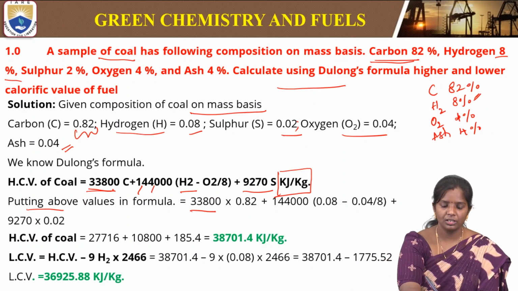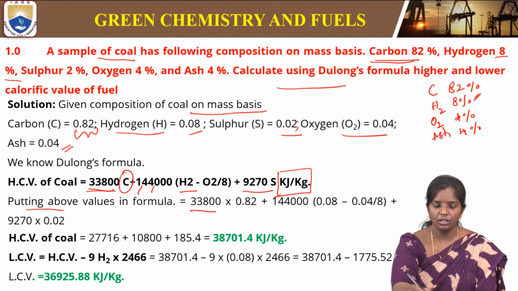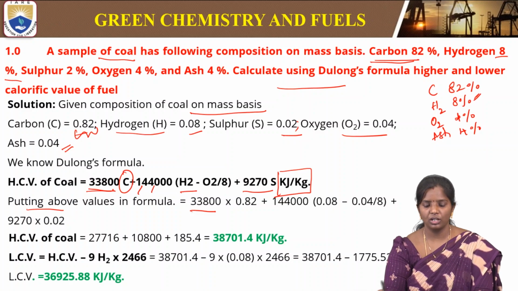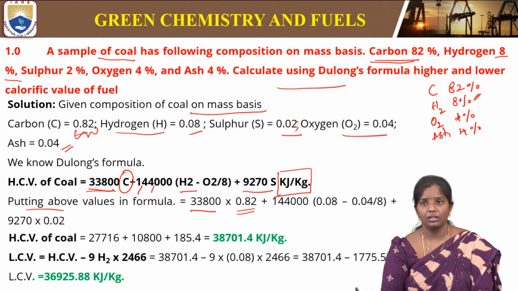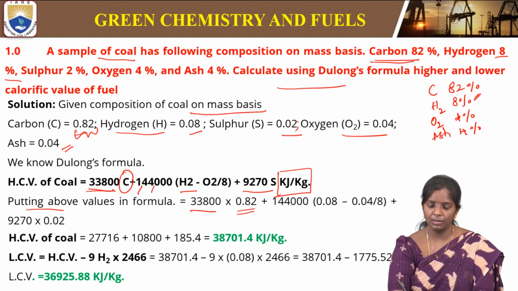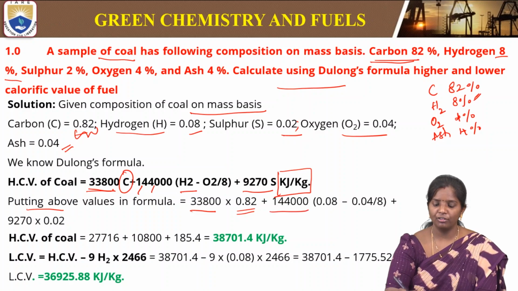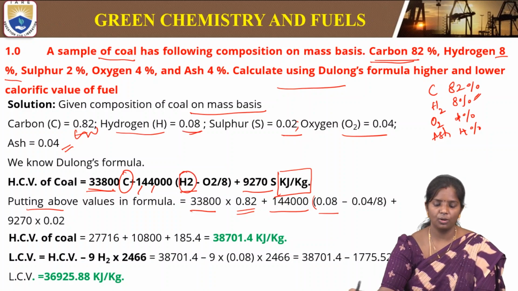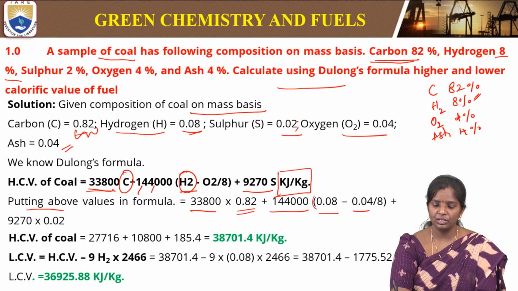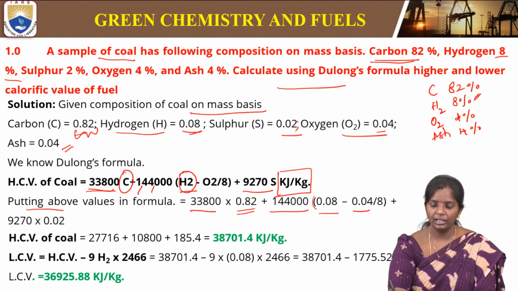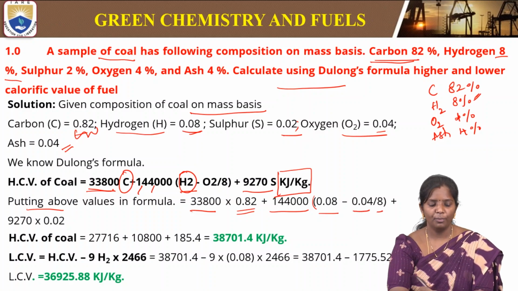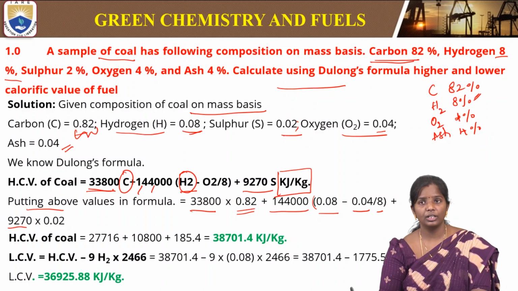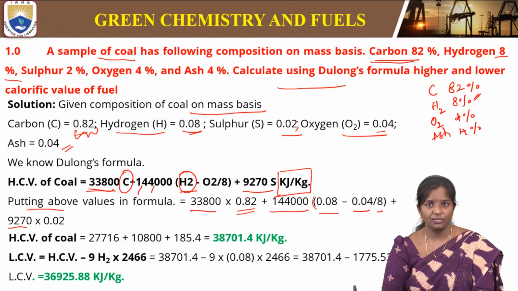33,800 into the value for carbon, which is 0.82. Then 1,44,000 taken in brackets, 0.08 for the hydrogen, minus 0.04 for the oxygen, divided by 8, plus 9270 into 0.02 for the sulfur.